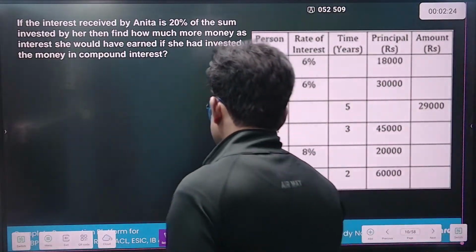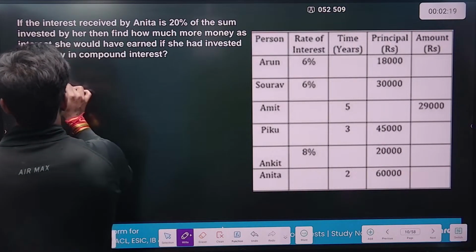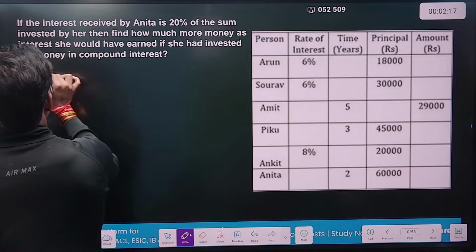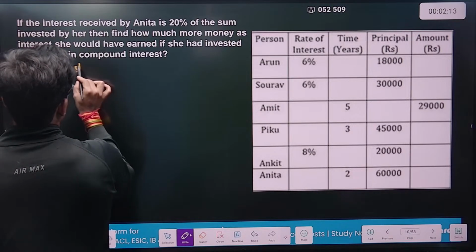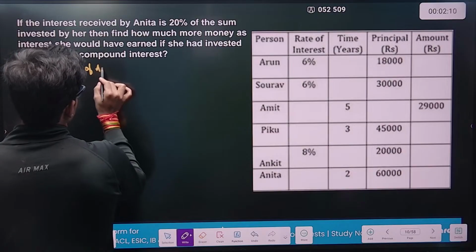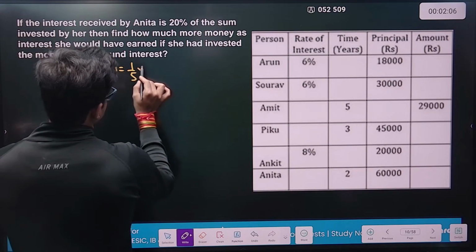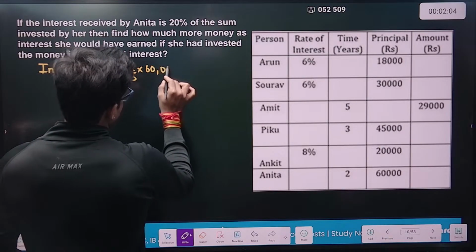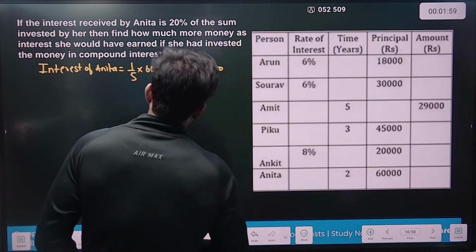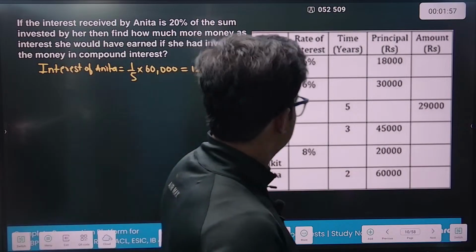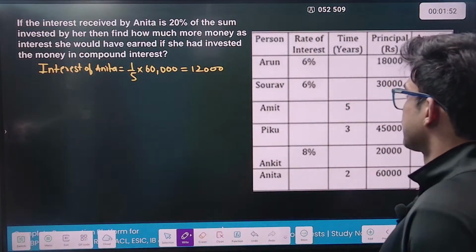So basically the first line would be like this: the interest of Anita would be 1 by 5 of the principal, which is 12,000.